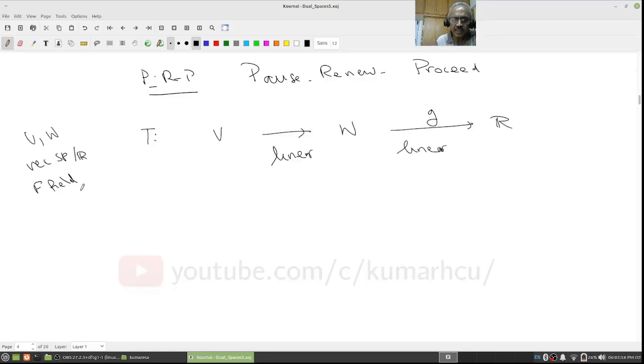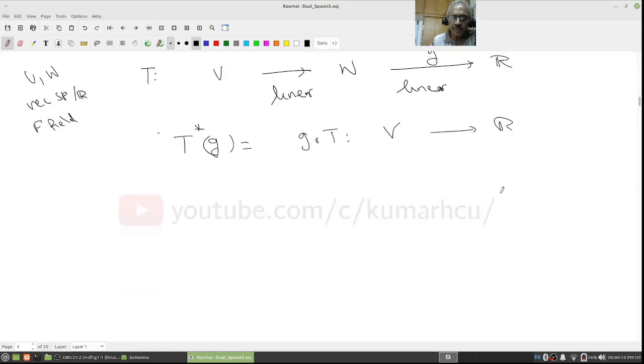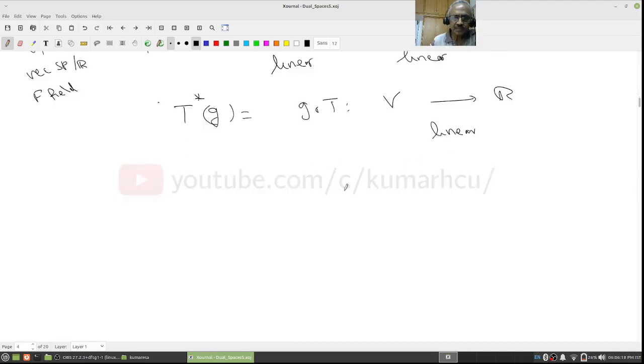Then I have a pullback. So I have T star of g, by definition g composite T. That is going to be a function from V to R. Now notice that T star of g will be a linear map. This is linear because it is a composite of two linear maps. You understand that? That's it.